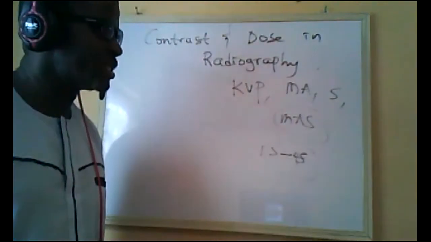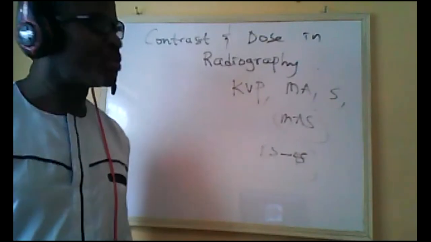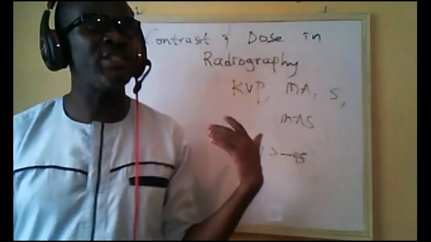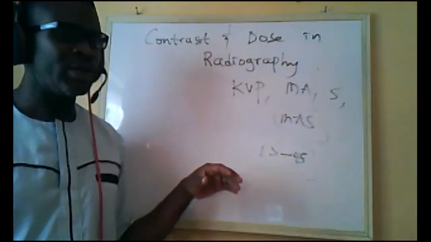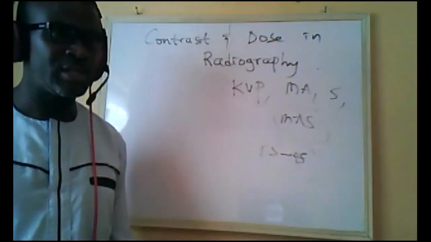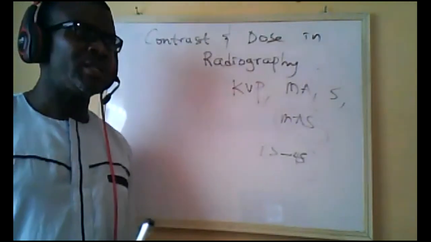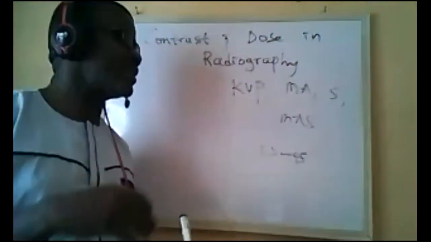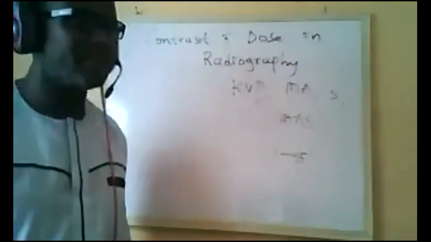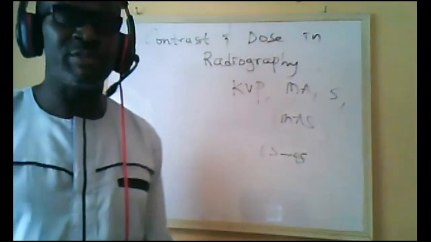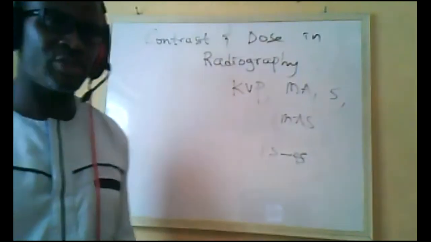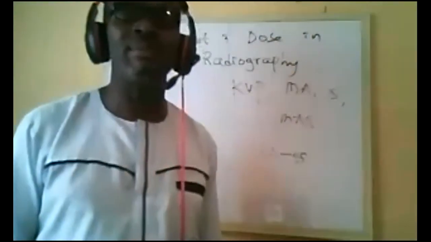Most systems use AEC, automatic exposure control. As you reduce the KVP to achieve good contrast, the system will want to increase the MAS so that more photons will be used in forming an image with a very good OD. So it also comes at the expense of an increase in dose.